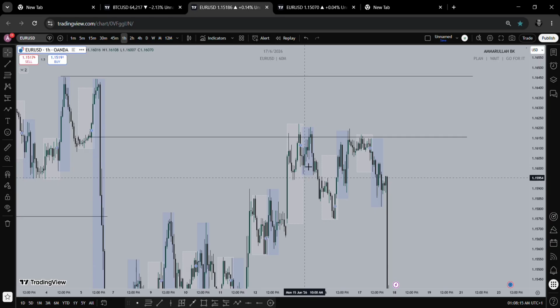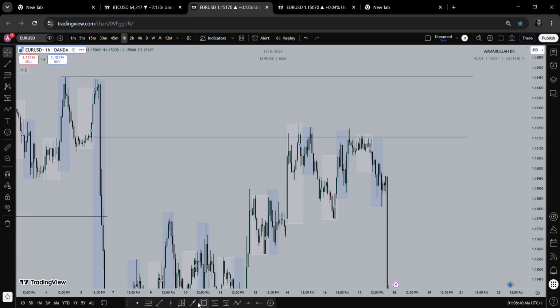Then it went down again with force, even higher than the first one, which showed me the market is weaker now.